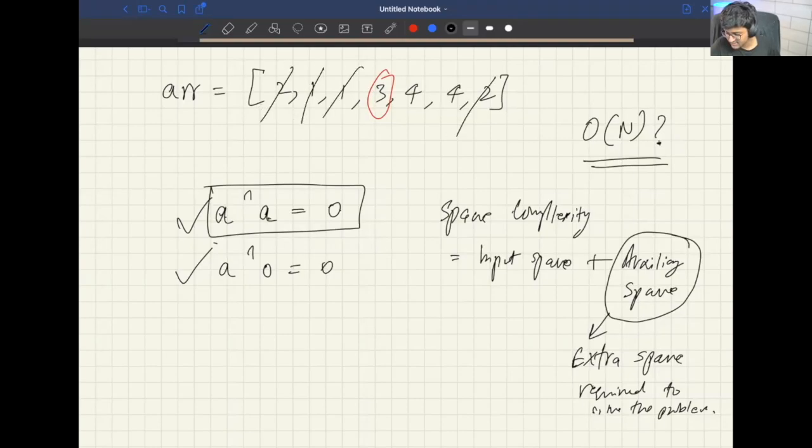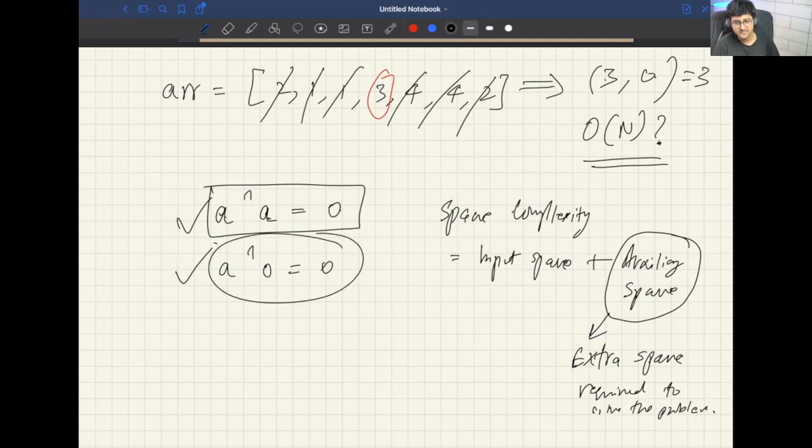This and this will give 0. This and this will give 0. In the end, we will be remaining with 3, 0. And when we XOR these two, we will get 3 because of this. Make sense? Is the second statement right? A XOR 0 is A. Sorry. Yep. Sound good?